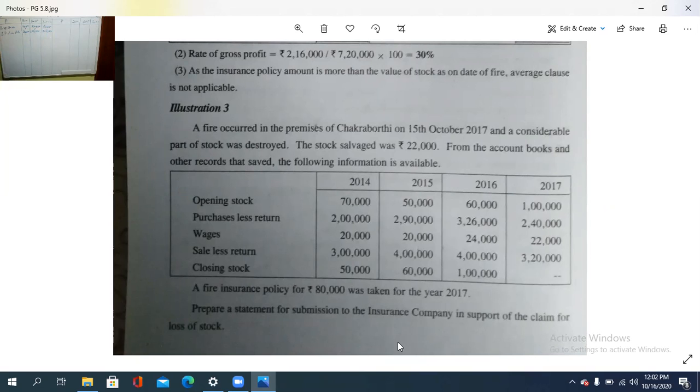Okay. Then wages, how much? 20,000, 20,000 and 24,000. By sales less returns, it is 3 lakh, 4 lakh and 4 lakh.